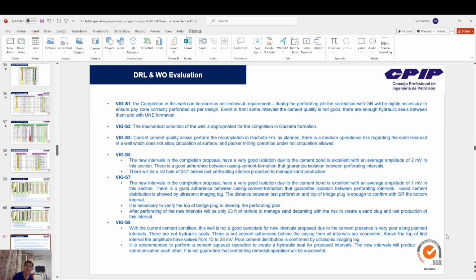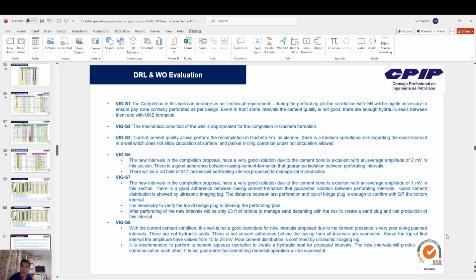In this section, there is a good adherence between casing cement formation that guarantee isolation between perforating intervals. There will be a rat hole of 247 below last perforating intervals proposed to manage sand production.